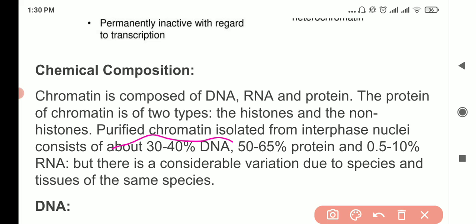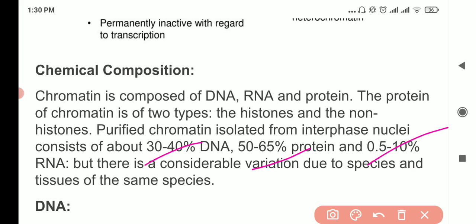Purified chromatin isolated from interphase nuclei consists of about 30 to 40% DNA, 50 to 65% protein, and 0.5 to 10% RNA. So the DNA is around 30 to 40, protein 50 to 65, and RNA is very small.